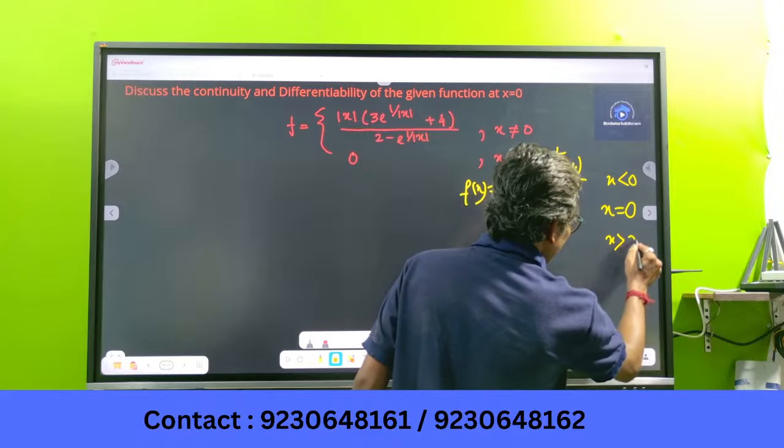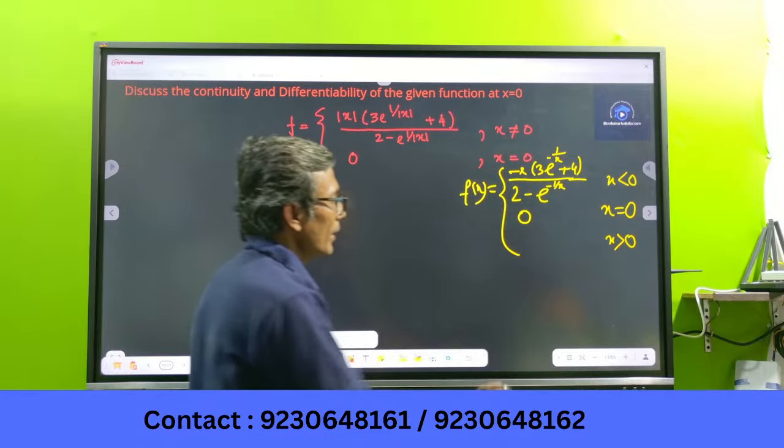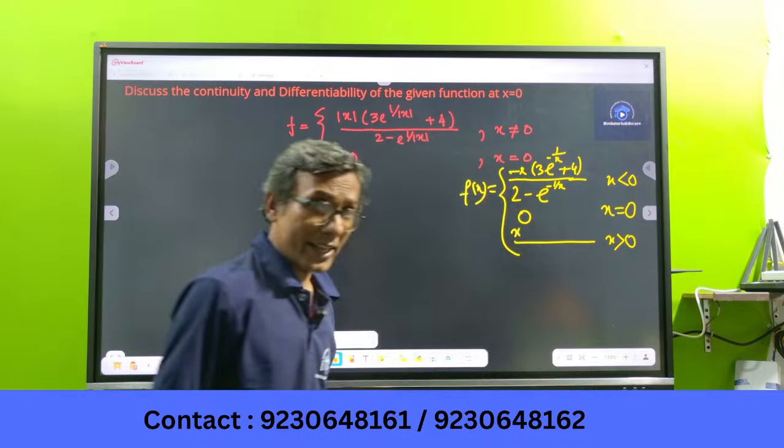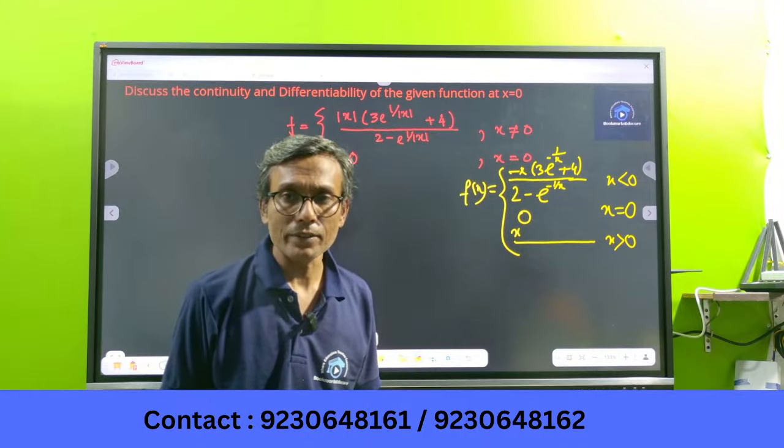And at x greater than 0, the function will be: mod x is x, because x is positive.